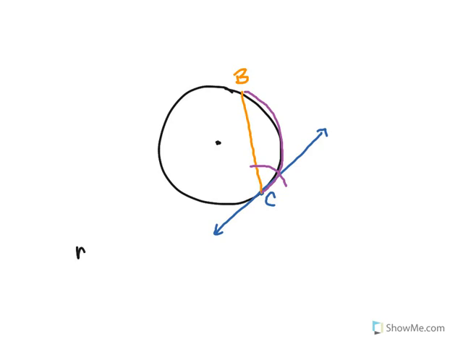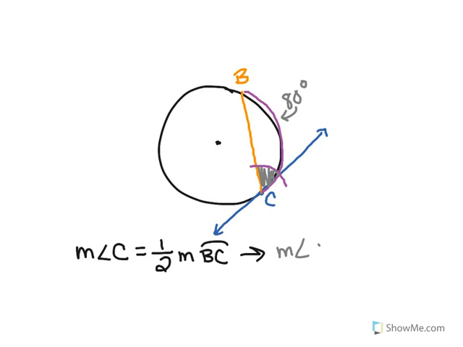I'm going to say that the measure of angle C is going to be equal to half the measure of arc BC. So what that means is this. If arc BC had a measure of, let's just say 80 degrees, then in order to find the measure of angle C, all I have to do is divide that in half. So the measure of angle C would be equal to 40 degrees.